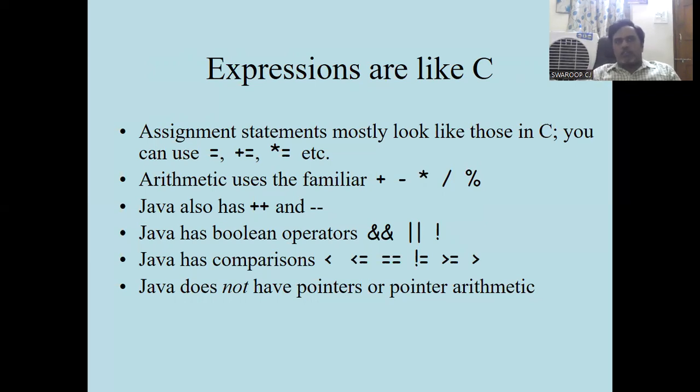For example, if you want to assign a value to a variable, how do you assign? A equal to 5. It says that the value 5 is assigned to the variable A. If you say A plus equal to 5, what will happen? It is nothing but A equal to A plus 5.